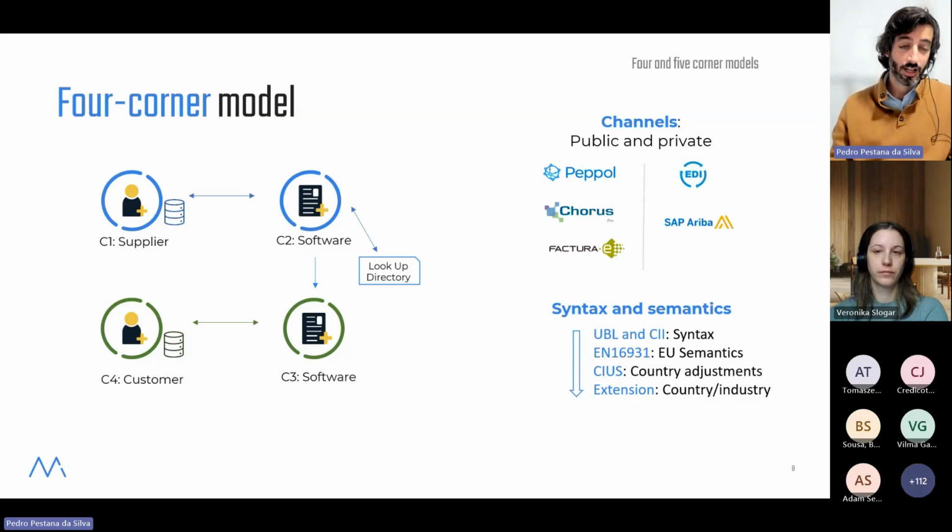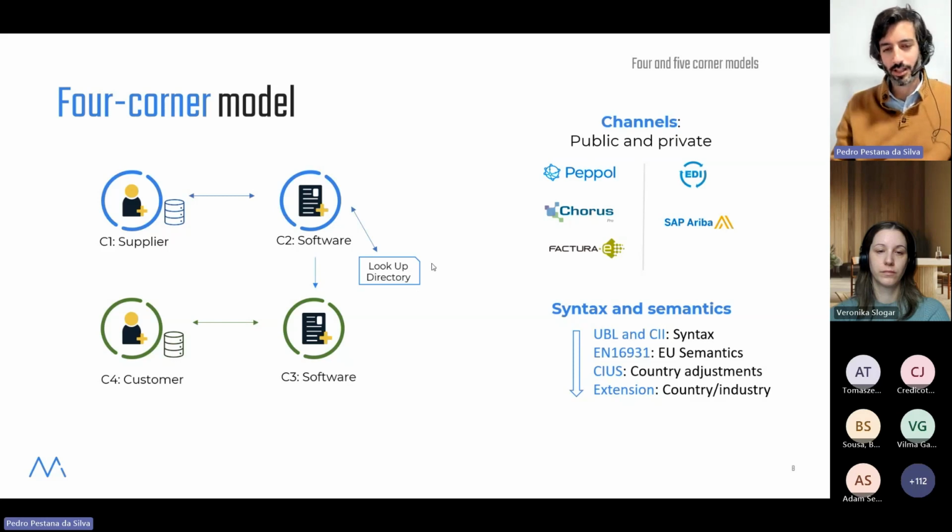The way it works is data is sent from the ERP of the supplier to the billing software, corner two, of the supplier. The invoice is then sent to the software of the customer and then back to the ERP of the customer. One remark here. How does the software of the supplier know who to send the invoice to?